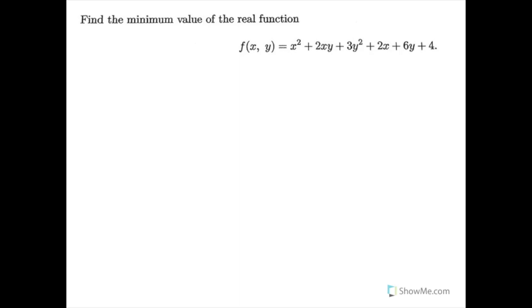And the first thing that I notice is that there is a 2xy in here. And so this means that there must be a square of the form (ax plus by plus c) squared.